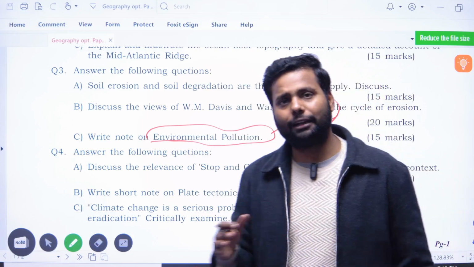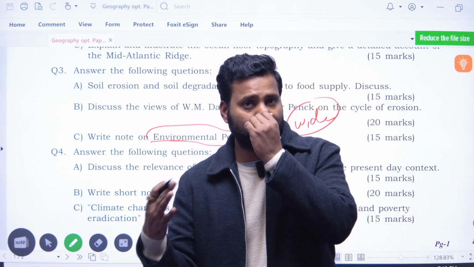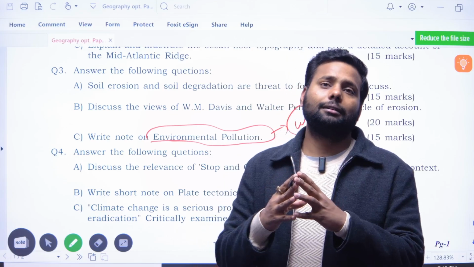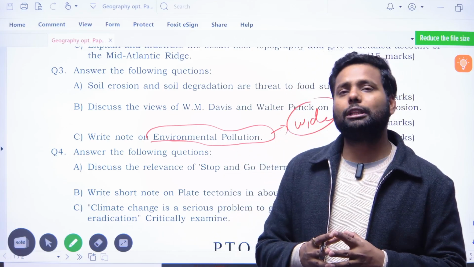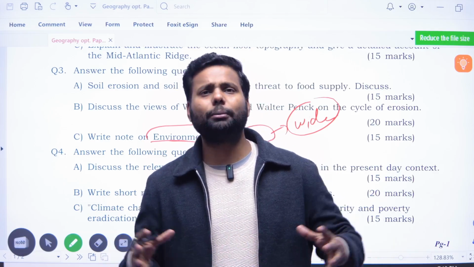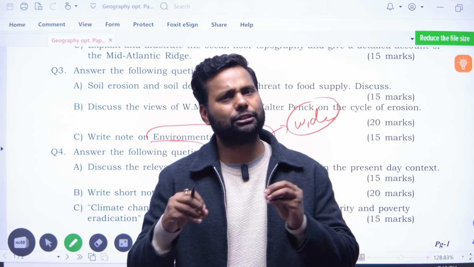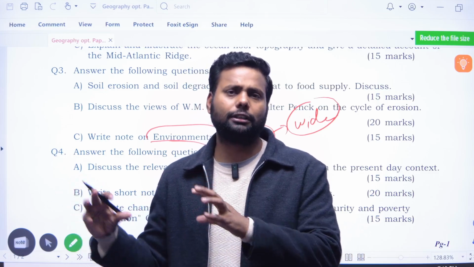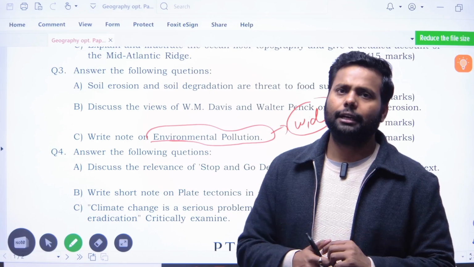You have to write about all the pollutions, because all pollution is connected to the environment. You have to simply mention all the types of pollution in your answer sheet.